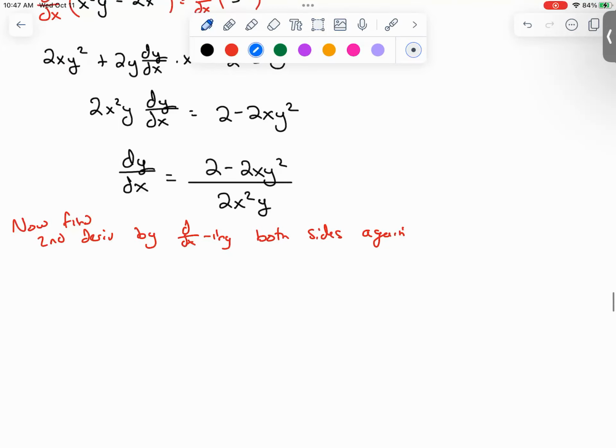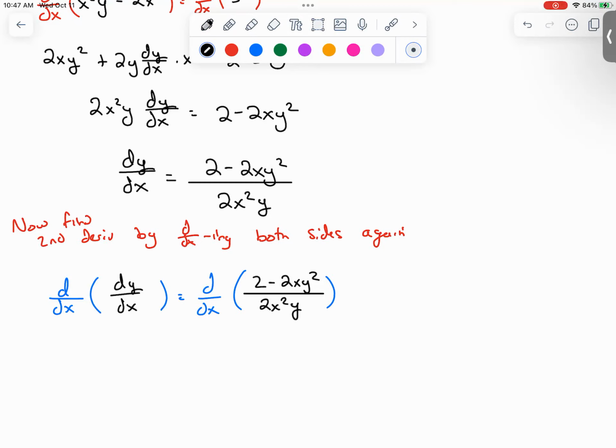I'm going to write it in blue this time just for funsies. D dx of the left-hand side equals d dx of the right-hand side. So d dx of dy dx equals d dx of 2 minus 2xy squared, all divided by 2x squared y.